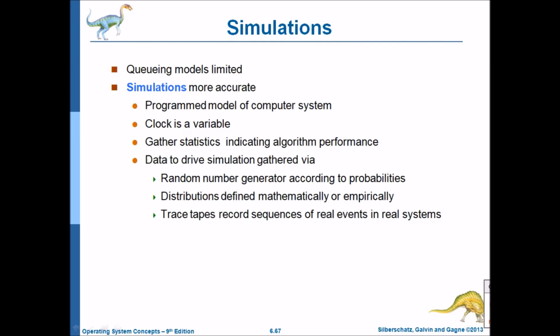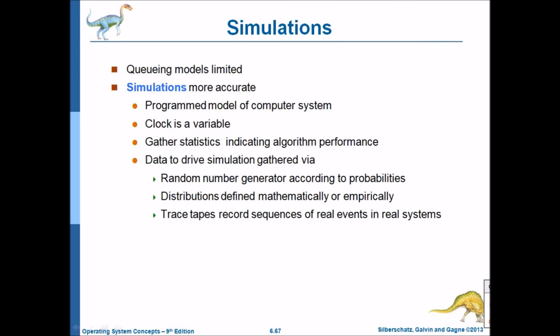The simulator has a variable representing a clock. As this variable's value is increased, the simulator modifies the system state to reflect the activities of the devices, the processes, and the scheduler. As the simulation executes, statistics that indicate algorithm performance are gathered and printed.